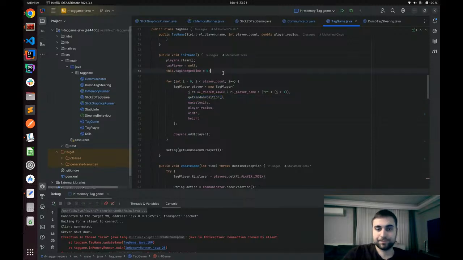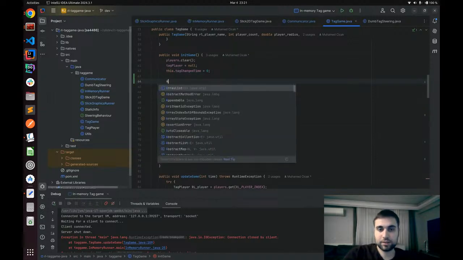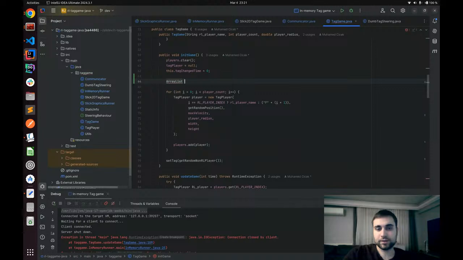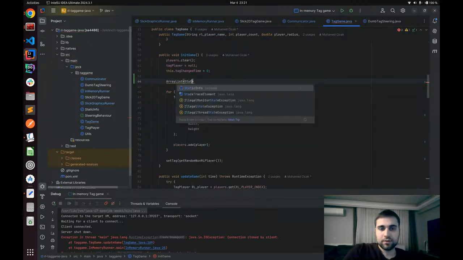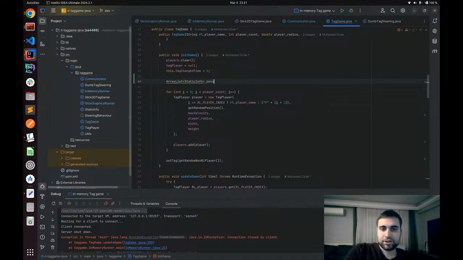Well, we'll just do this array list. What does this return? This returns static info. That's great. Positions.